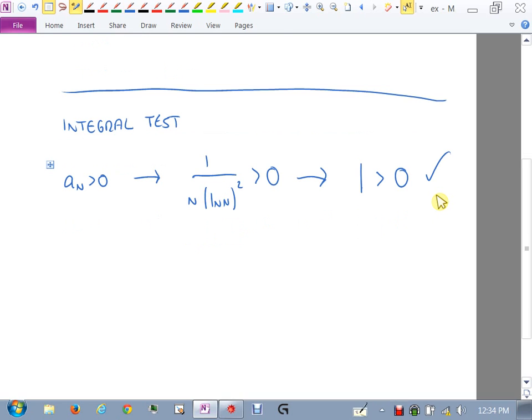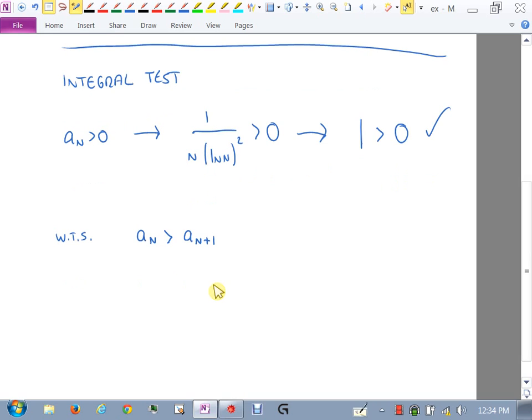Now I need to check that it's decreasing. So I want to show, and let me get this straight this time, I'll write it a little differently. I want to show that the nth term is bigger than the next one. Doesn't that mean decreasing? The nth term is bigger than the next one, which means it's getting smaller as you go.